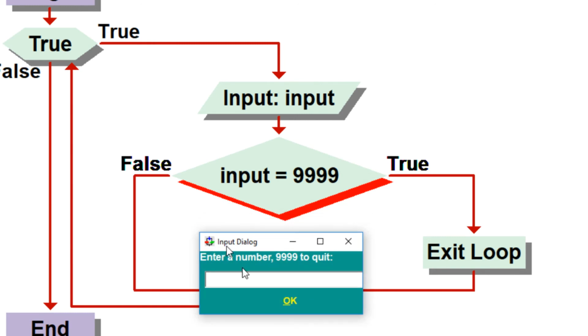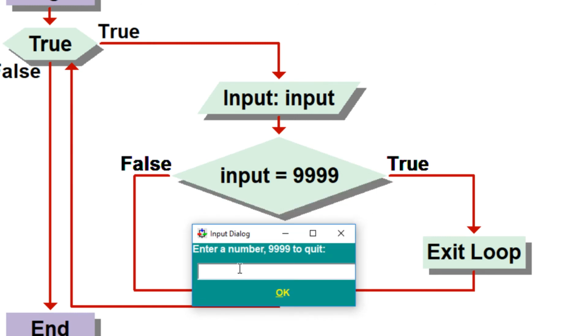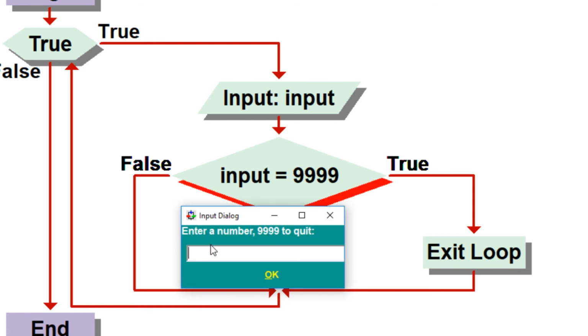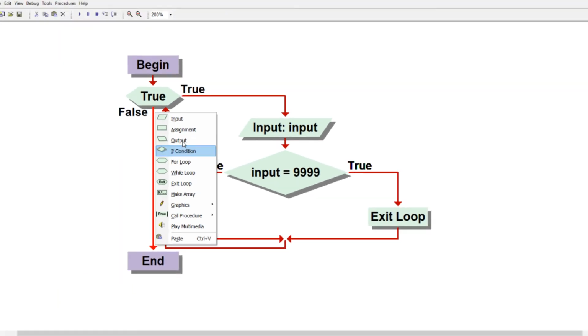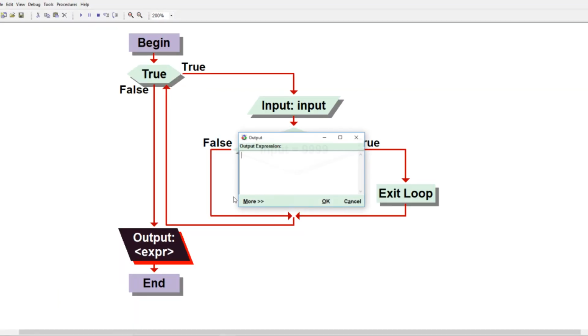And so if I run this and just keep entering numbers, and oops, I forgot to apparently click console, but that's okay, because now you'll see that no matter what I enter, this just keeps going. And then eventually if I hit 9999, my program's over and it exits. And actually if we put an output statement down here so we know that we're done, it makes things a little bit easier to see.